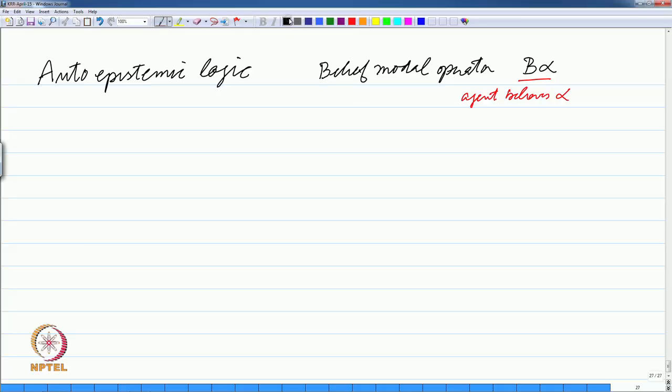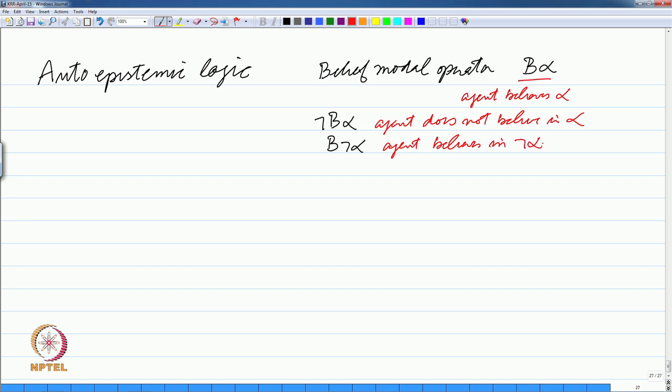If we say not B alpha, this says that the agent does not believe alpha. On the other hand, if I wrote B not alpha, this would mean that the agent believes in not alpha, where not alpha is treated as a formula essentially.